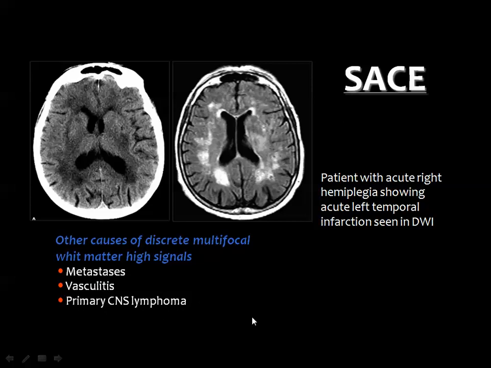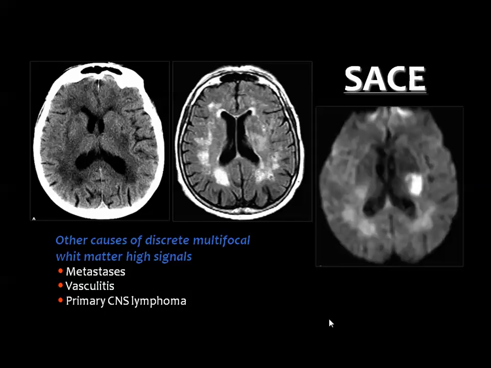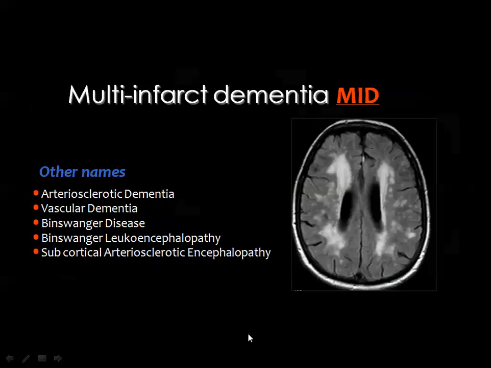Lymphoma also will show contrast enhancement, which will depend on the immunological state of the patient. Then if you have the diffusion weighted images, you are able to specify that this is an acute insult, which is seen here and here because of the evident restricted diffusion.